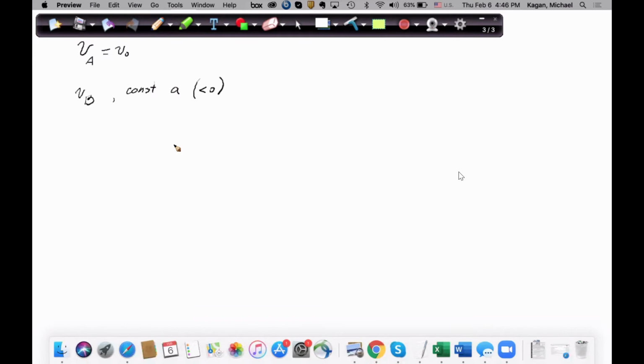So by the time the speed of B reaches 0, what is the ratio of distances covered by A and by B? So dA over dB when VB is 0.